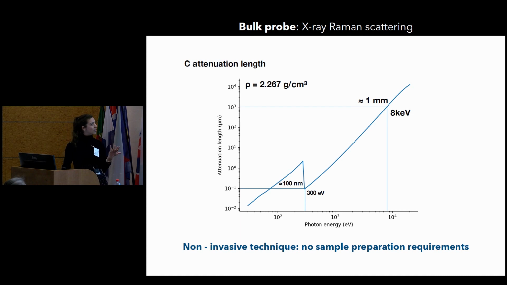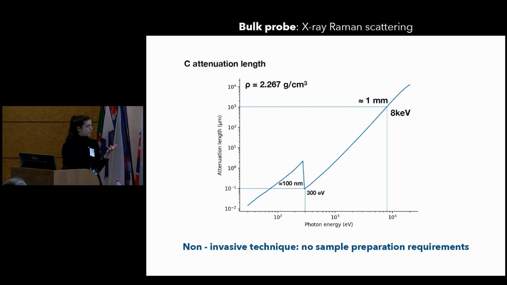Okay, so when we are working at the carbon K edge, around 300 eV, we have an attenuation length of 100 nanometers. So the question is, do we have any bulk probe with which we can avoid the sample preparation requirements and use it in a non-invasive way?